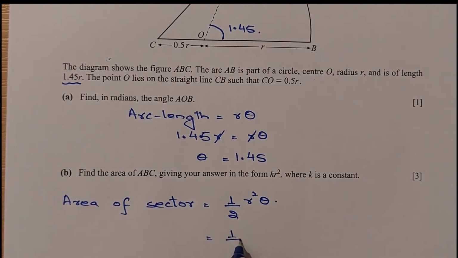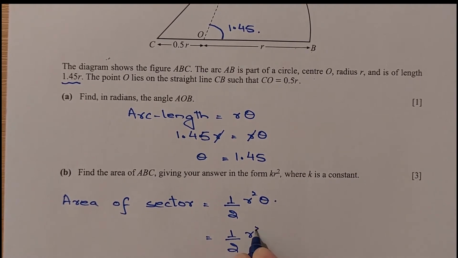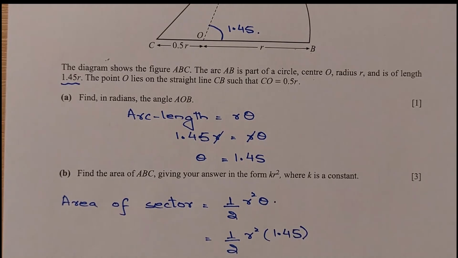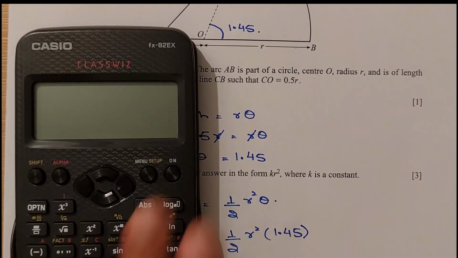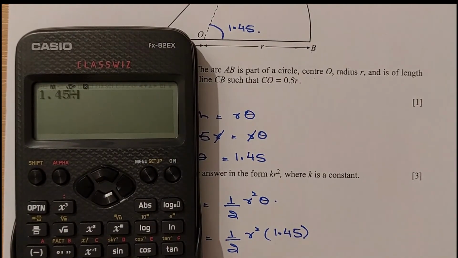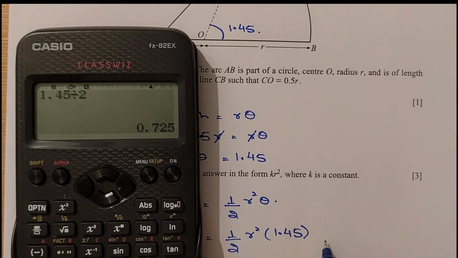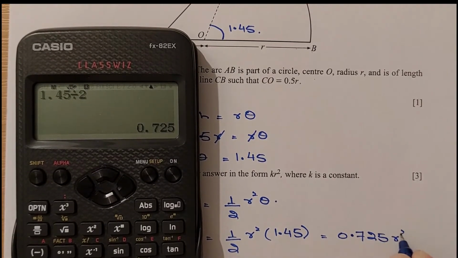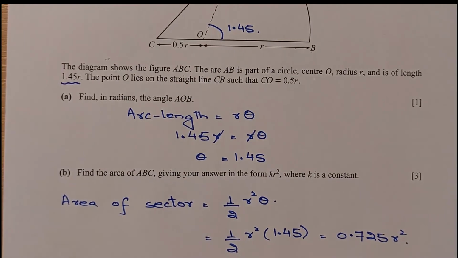So half R squared is as it is and theta is 1.45. So 1.45 divided by 2 is equal to 0.725 R squared, the area of the sector.